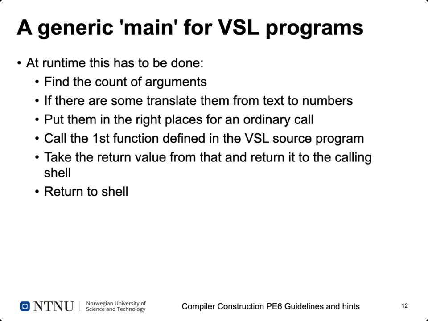We have to put them in the right places for an ordinary function call, and then we just call the first function defined in our VSL source program. So VSL doesn't actually need an explicit main function here. And when this function returns, we take its return value and return it to the calling shell, for example by passing it to the exit system call as a parameter. And then our program is finished.